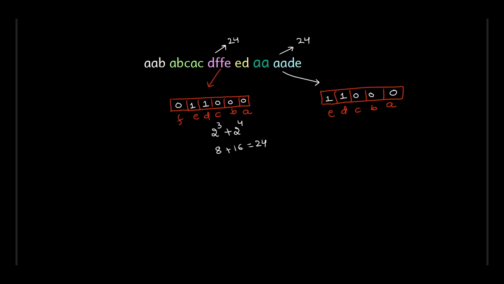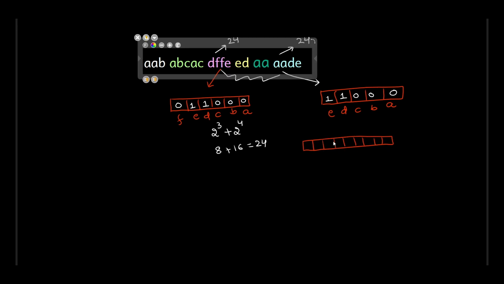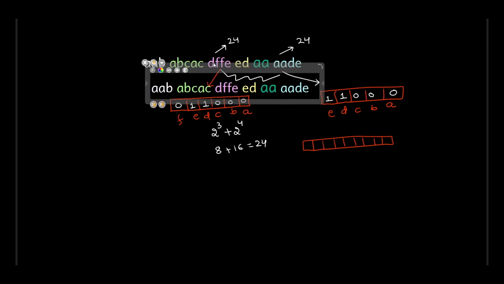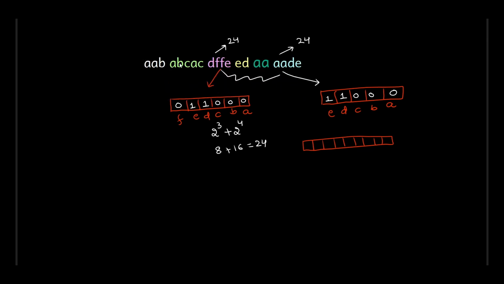Now what happens when you concatenate these two? If you concatenate these two, you will have two bit masks. Let's write down the bit masks for both of them side by side in top-down fashion. Let me copy this.